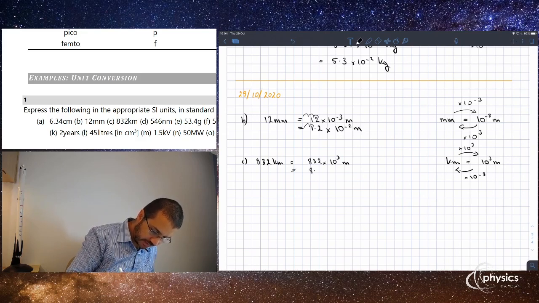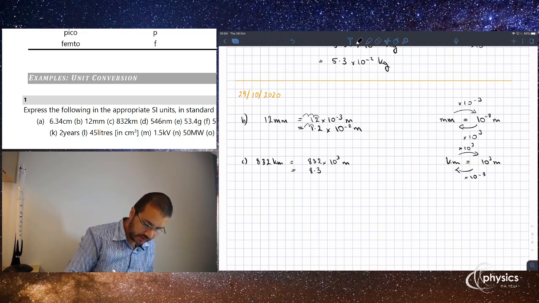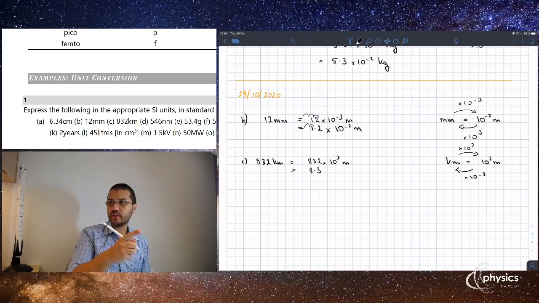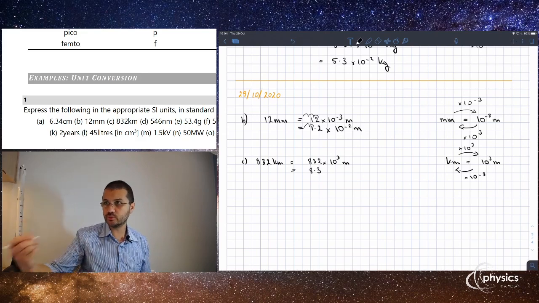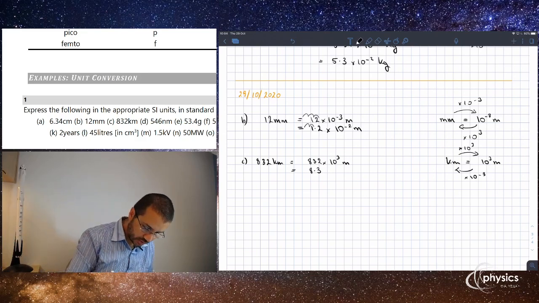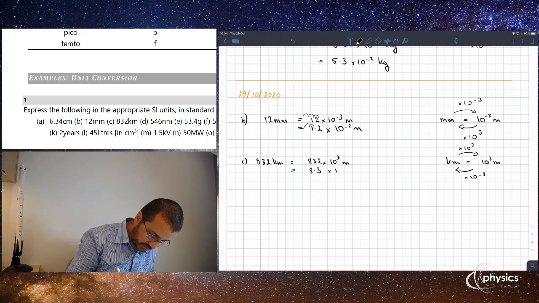If we want to write it in a formal way, in the question he is asking us to give the answer to significant figures. So I'm not going to write 8.32, I'm going to write only 8.3 because of two significant figures. So 8.3 times 10 to the 5.